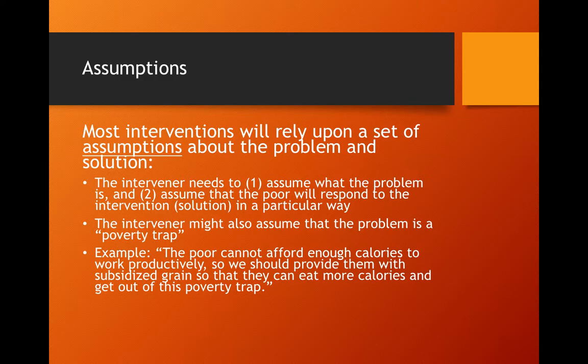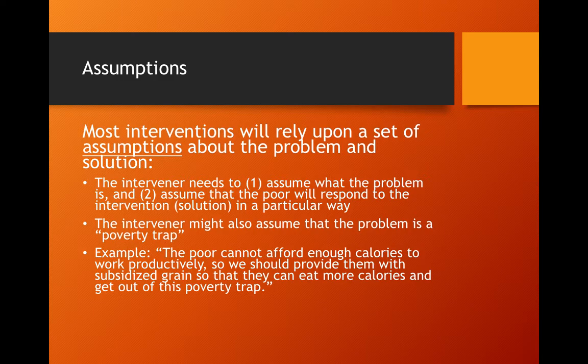So in taking that action of providing free grain or providing an immunization camp in a certain rural area or something like that, any action is going to rely upon a number of assumptions. First of all, the intervener needs to assume what the real problem is, right? So if they're providing free grain, they're probably assuming that the problem is simply a lack of calories.